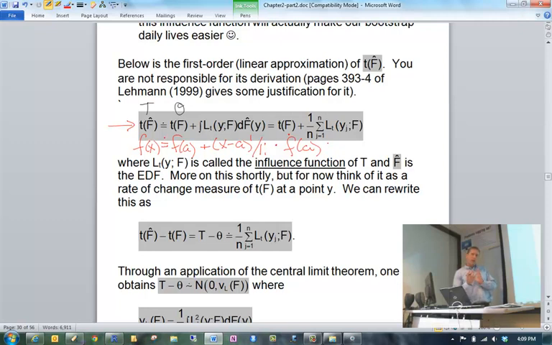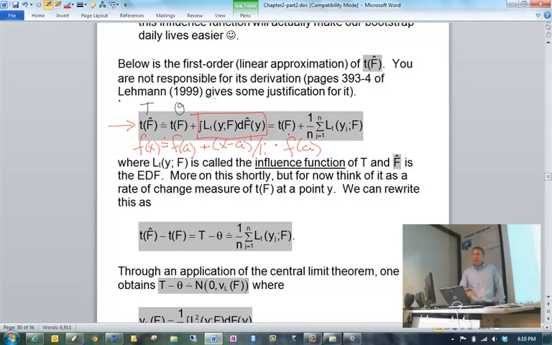Now, what plays the role of this first order part of our expansion here is this guy. We're going to take the integral of what's called the influence function. I'll explain on page 231 what the influence function is. You'll see it shortly, but for now, just think that this is the influence function. It's the thing defined by L, and inside of L, it's dependent upon y.